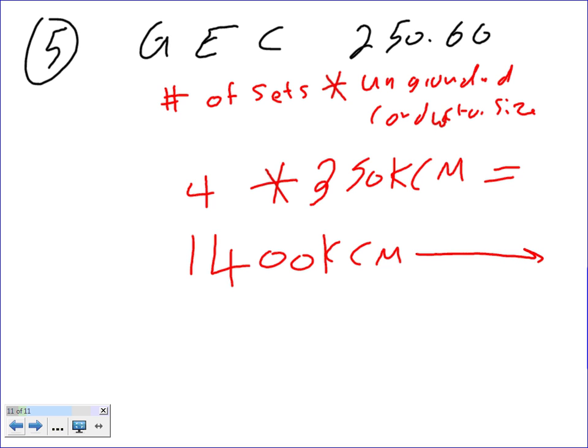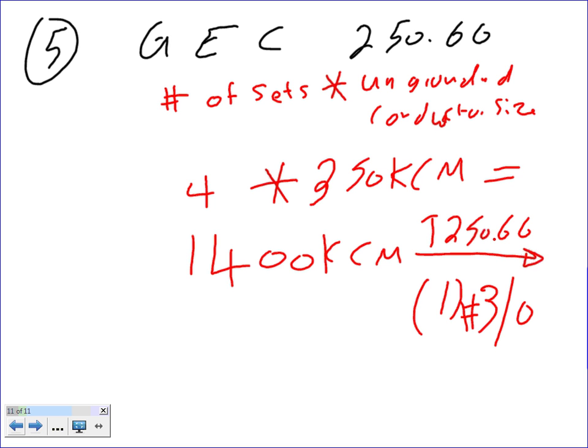From here, you're going to go to Table 250.66 and see how many conductors you will need, what size, and what insulation. One conductor, 3 aught. Other than Brad, anybody disagree? 3 aught, number 3 aught. And what insulation? Bare, minimum insulation, bare.